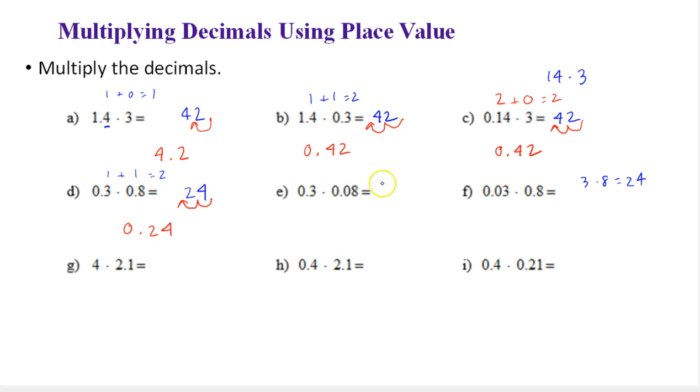In the next one, we'll start with 24. Here we have one digit to the right of the decimal. Here we have 2. So we need to move the decimal 3 places from here to the left. So we actually could use a little more room here, so let me move this 24 over.